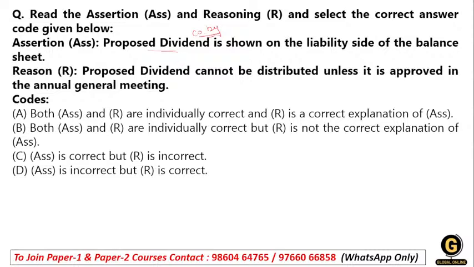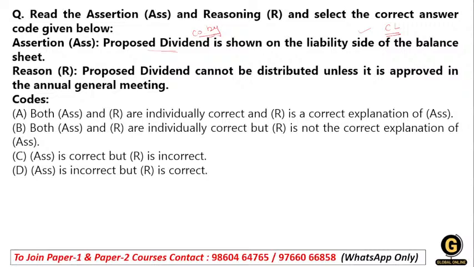The first statement is that the proposed dividend is shown on the liability side of the balance sheet. Yes, it is true, because this dividend is a liability for the company. But until the shareholders accept this proposed dividend, you cannot write it under the current liabilities section, because the shareholders have not yet given acceptance.